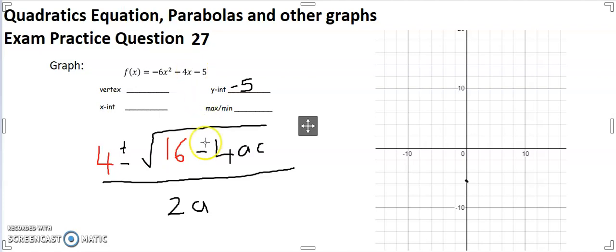And then I go to the next part. Negative 4 times a, which is negative 6, and I'm timesing c, which is negative 5. Now that equals negative 120.